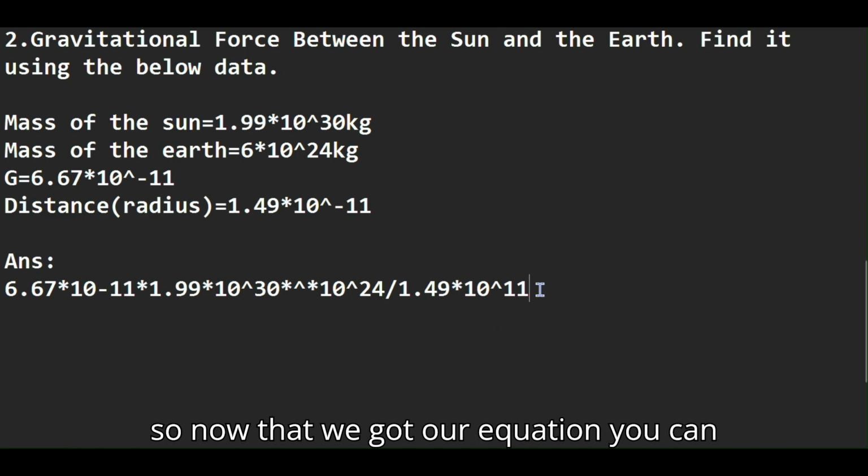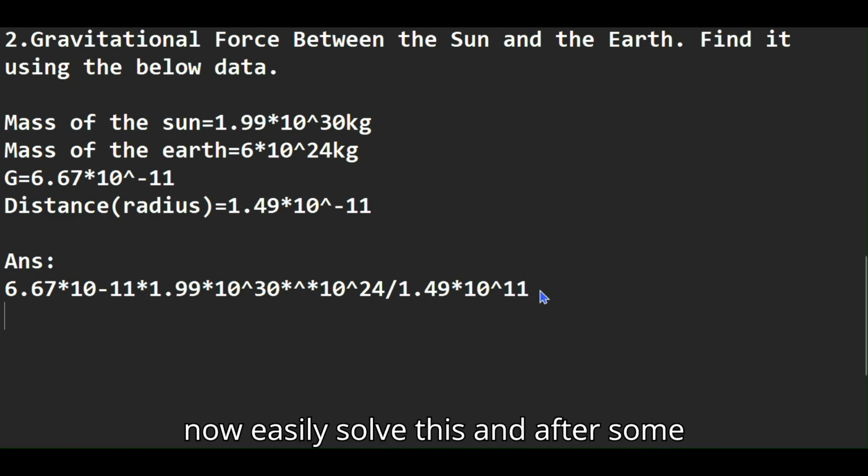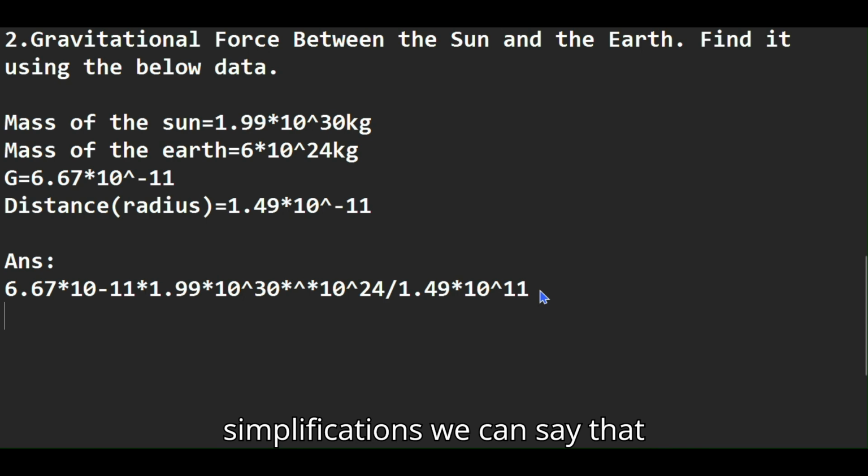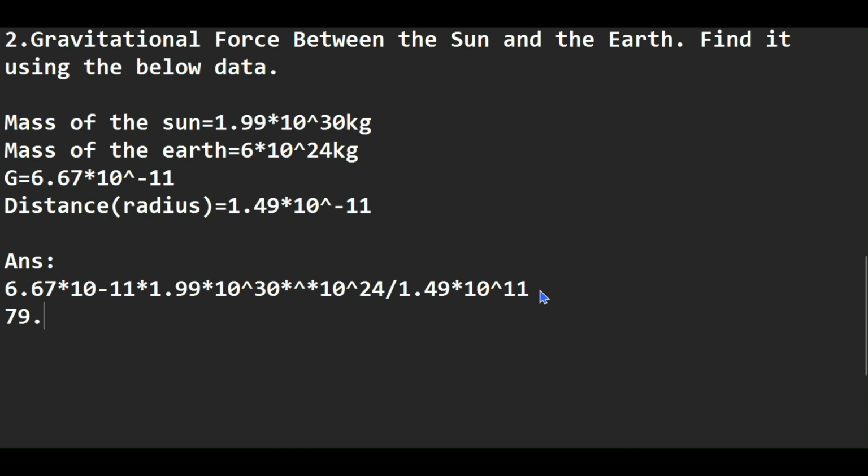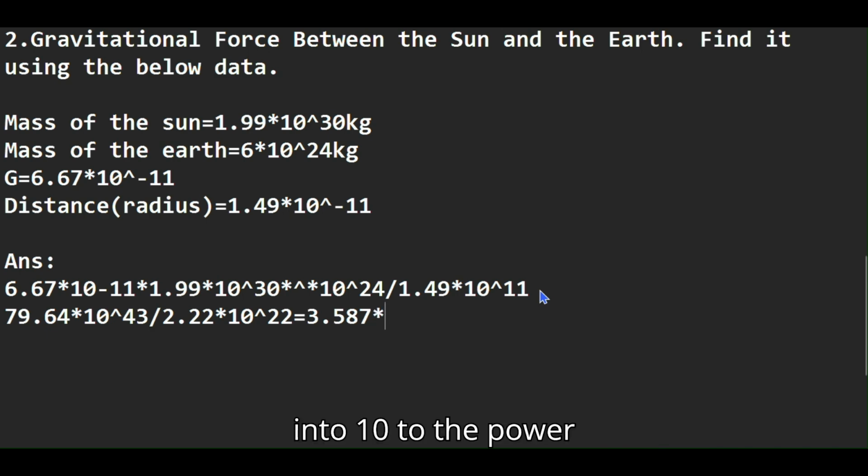Now that we got our equation, you can easily solve this. After some simplifications, we get 79.64 into 10 to the power 43 by 2.22 into 10 to the power of 22, which is equal to 3.587 into 10 to the power of 22.